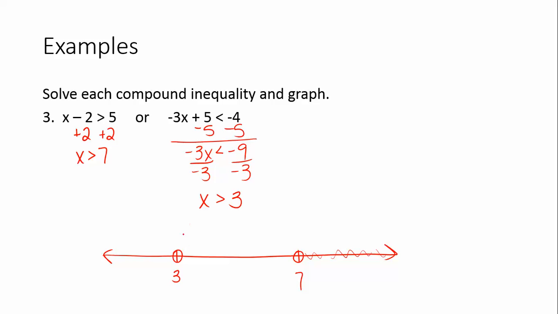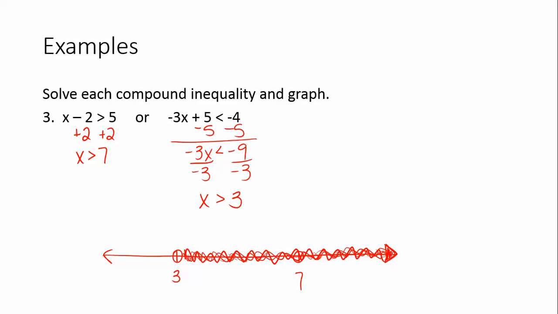Values that are greater than 3 are also to the right. Notice we shade in the direction it points, and that would also continue on past the 7 because those numbers are also greater than 3. So the question is, how do we actually graph this? The answers here would just be all the values that are greater than 3, since the values greater than 7 are included in that. So here we're going to darken this up a little bit.